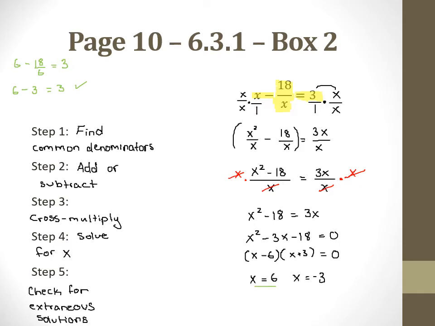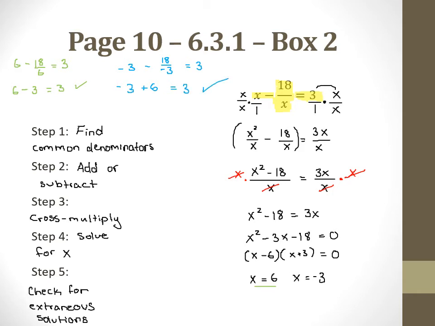Let's try plugging in x is negative 3. Then we've got negative 3 minus 18 over negative 3. And that's supposed to equal the value 3. So this would be negative 3. Negative 18 divided by negative 3 will become positive 6. Negative 3 plus 6, does that equal 3? Yes, it does.